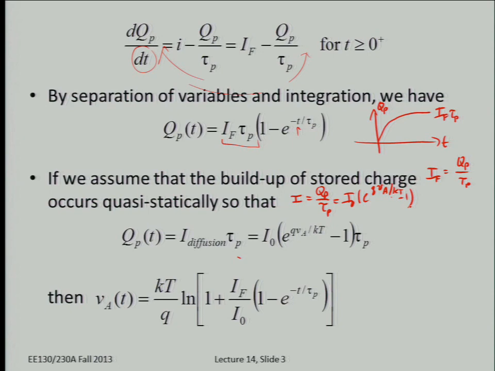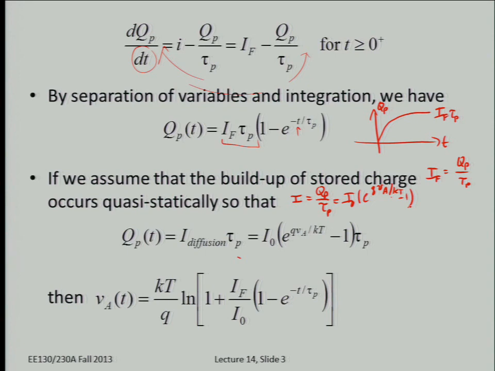Qualitatively, if the forward current is larger, the final value of V_A will be larger. But in terms of time taken to reach the final value, it's really the minority carrier recombination lifetime that determines the amount of time needed.